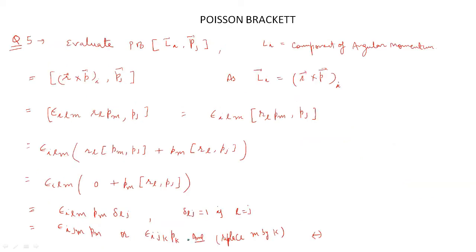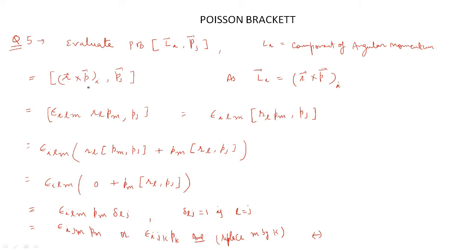The next problem is that we have to evaluate the Poisson bracket of {L_i, P_j}. Here L_i is the component of the angular momentum, and P_j is the component of the generalized momentum. You know that L is equal to R cross P. So we can write it as {(R×P)_i, P_j}, and it will be written in Poisson bracket.